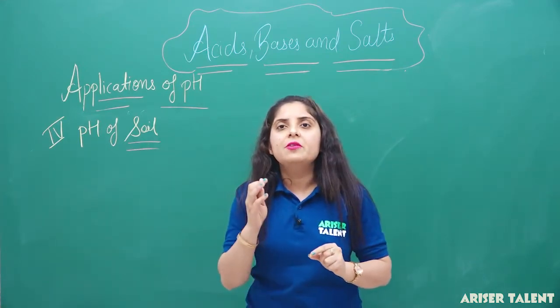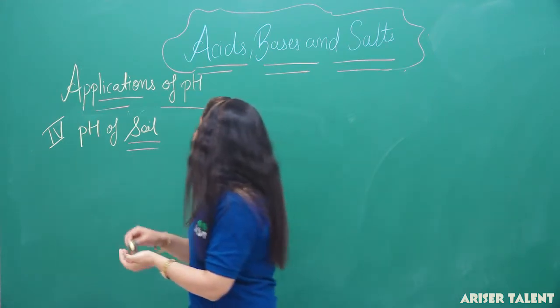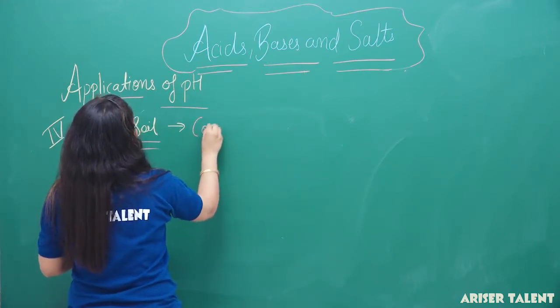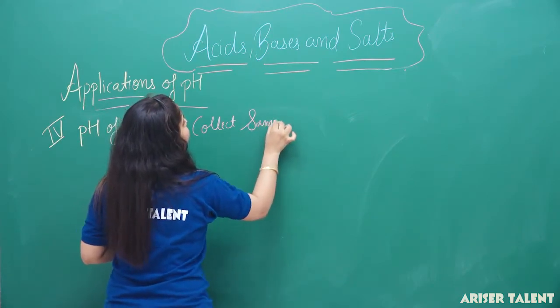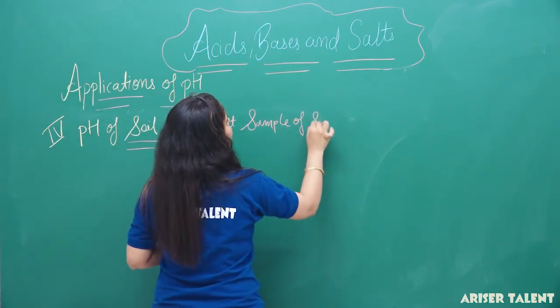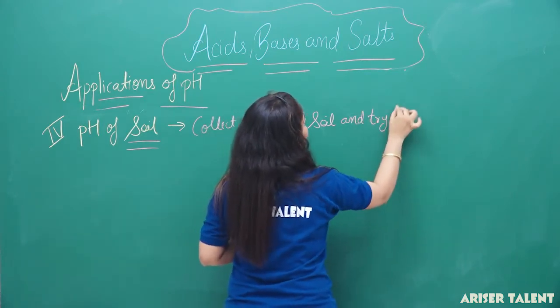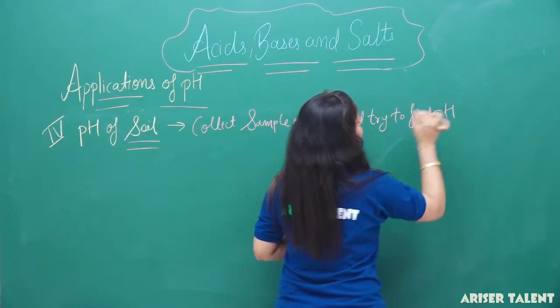Every soil has a different pH value depending upon its concentration. So what we will do? We will collect samples of the soil and try to find out their pH.